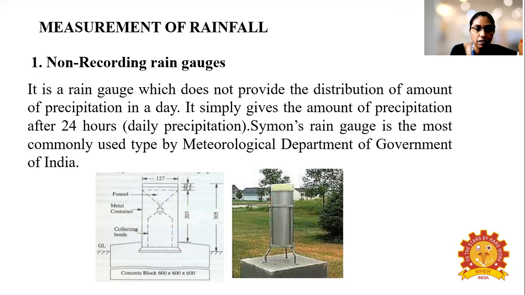Below the funnel you have the collecting bottle to collect the rainfall, and the dimensions of the funnel, metal container, collecting bottle, everything are given clearly, and the whole assembly is kept fixed on a concrete block. So you can see the picture of this non-recording type rain gauge, that is Simon's rain gauge.